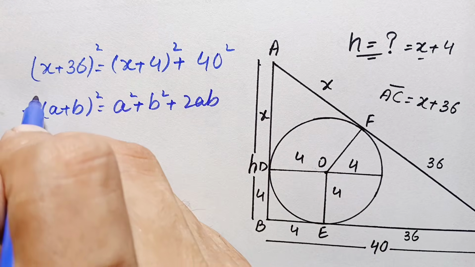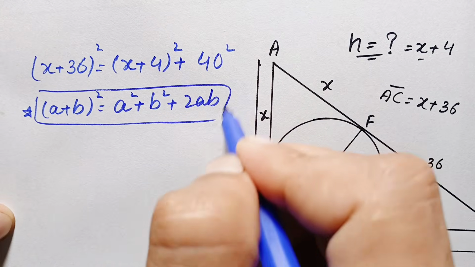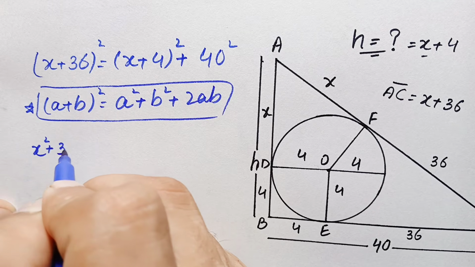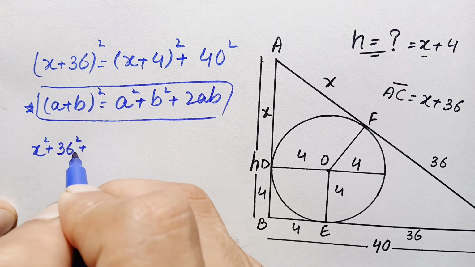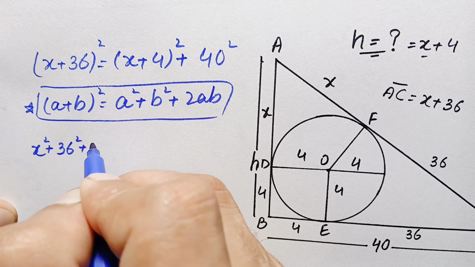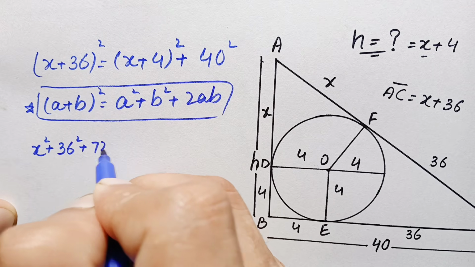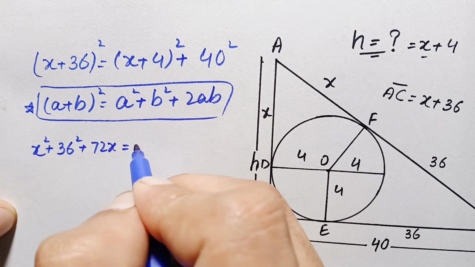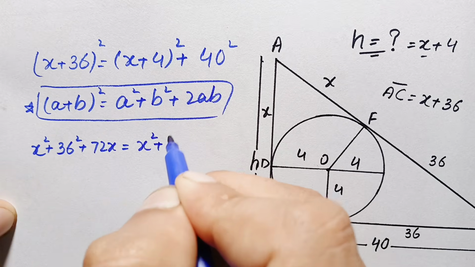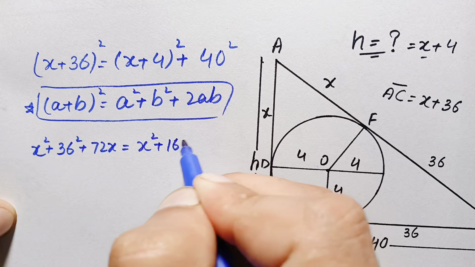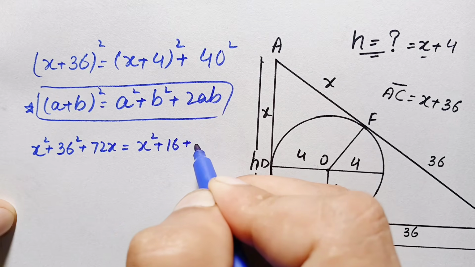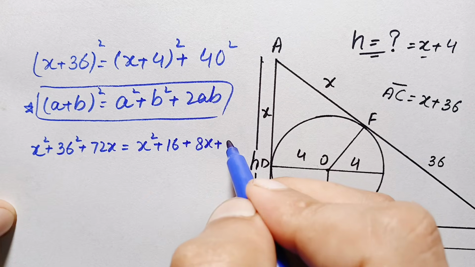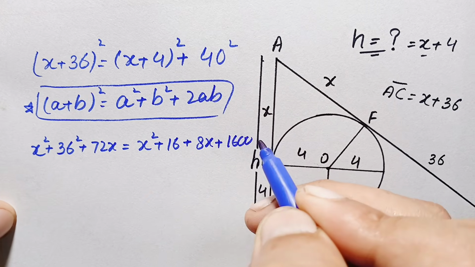Using this algebraic identity, this equation will become x square plus 36 square plus 2 times 36 times x, so this will become 72x, is equal to, and now we will expand this using the same identity. This will become x square plus 4 square, which is simply 16, plus 2 times 4 times x, which is 8x, plus, now what is the square of 40? 40 square is simply 1600.